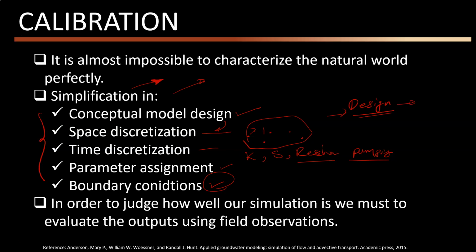So based on these simplifications, we go and design a numerical model. And after that, we want this numerical model to solve for h or phi at x, y, z, and t. We have a tool, MODFLOW, which can solve those partial differential equations and find the head at each x, y, z, and t. But how can we judge how well our simulation is?